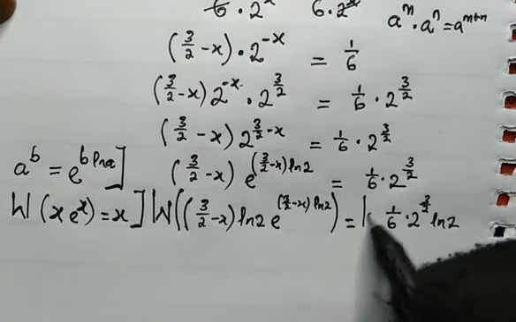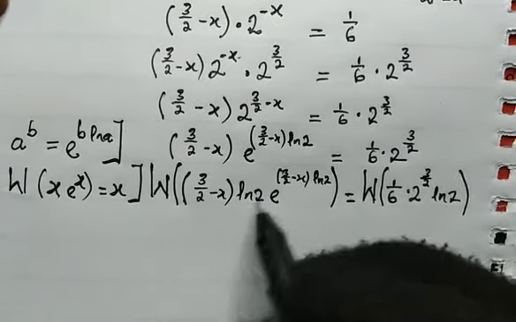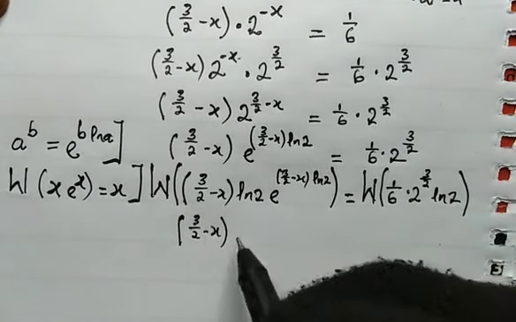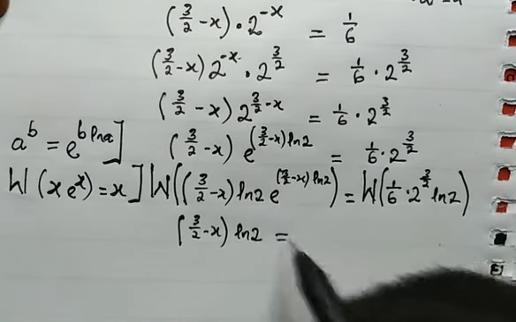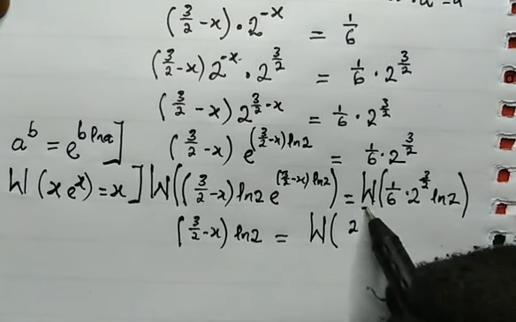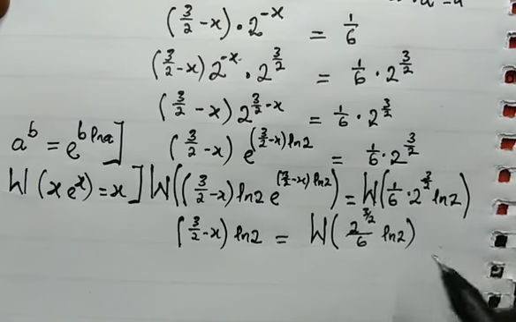So from here, the left hand side simplifies to 3 over 2 minus x times the natural log of 2. Then this will be equal to the W of, let's write this as, 2 to the power of 3 over 2 over 6 times the natural log of 2.